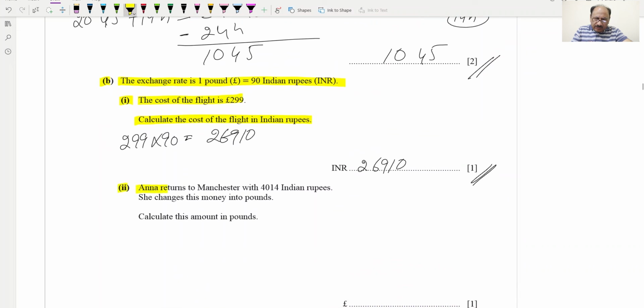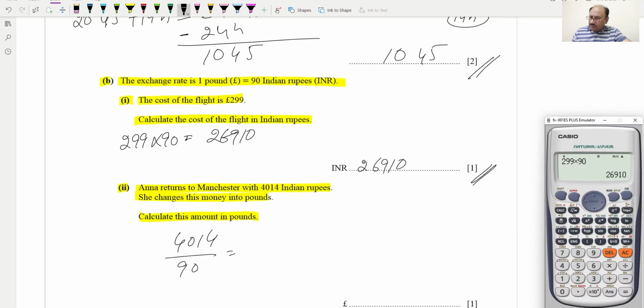Next part, Anna returns to Manchester with 4014 Indian rupees. She changes this money into pounds. Calculate this amount in pounds. So from lighter to heavier, we use the same conversion and we will be dividing.